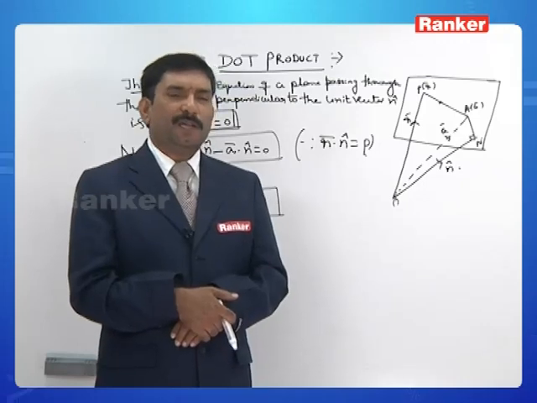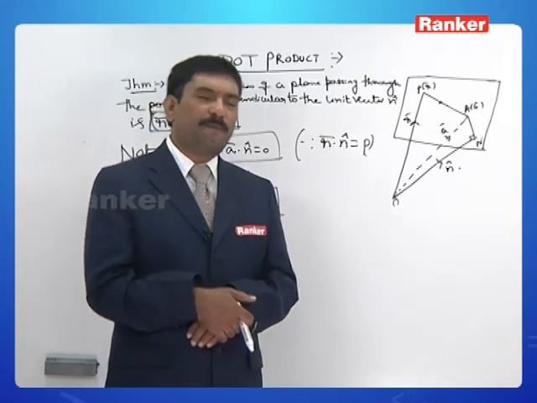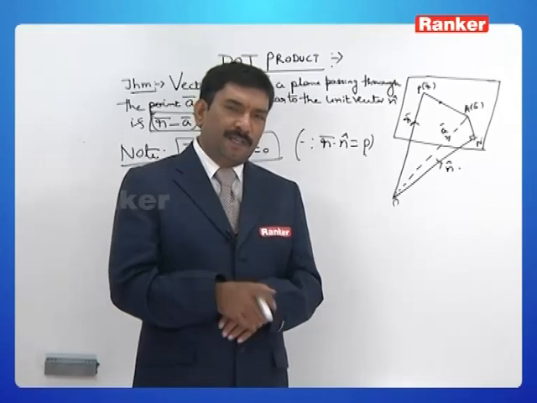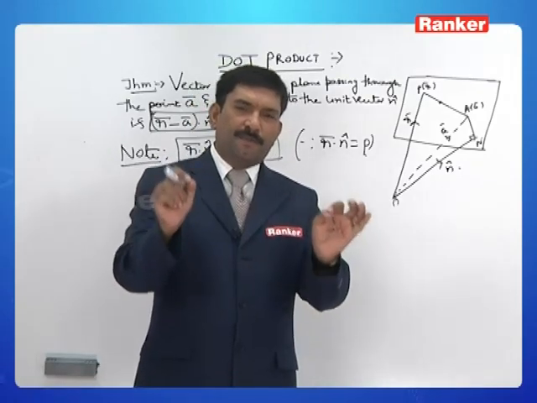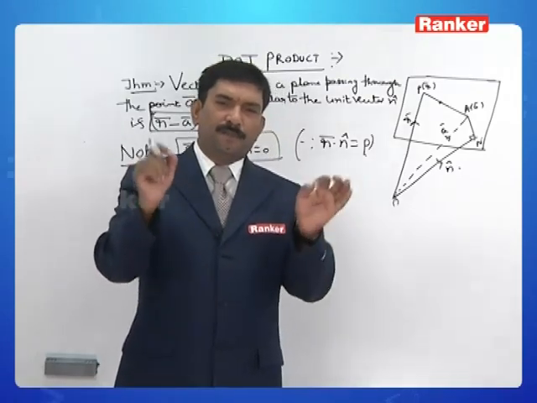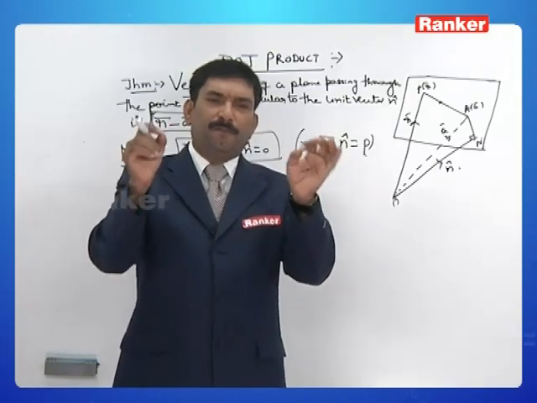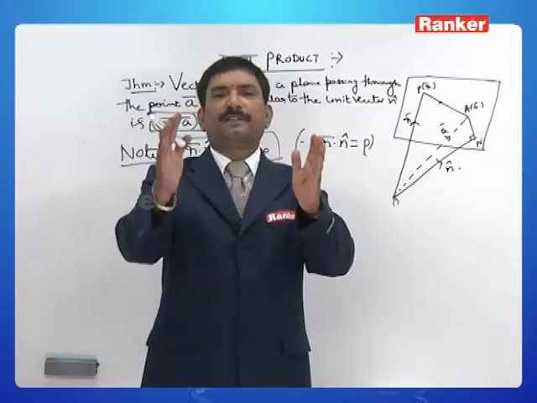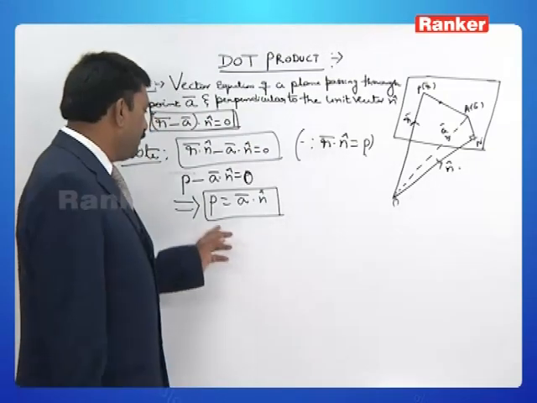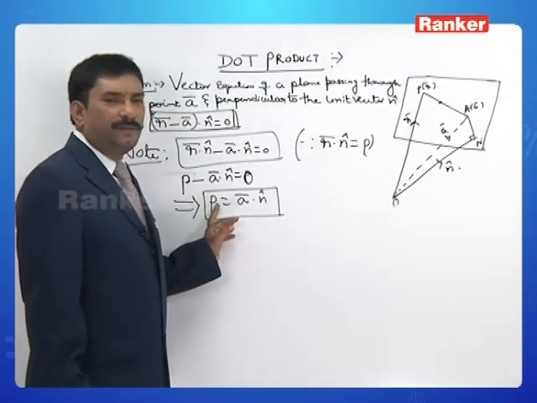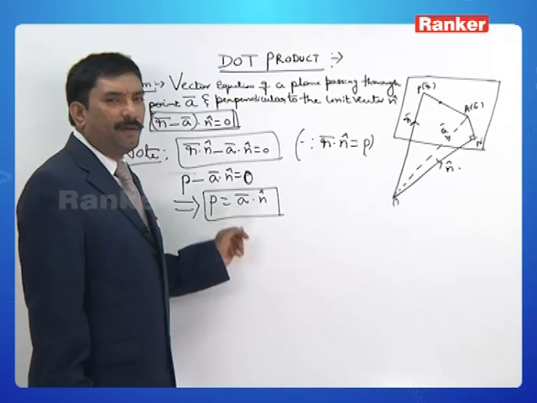For that plane, if you want to find the perpendicular distance from the origin to the plane, that plane passing through the point A bar and perpendicular to the unit vector N cap, it is given by P is equal to A bar dot N cap.